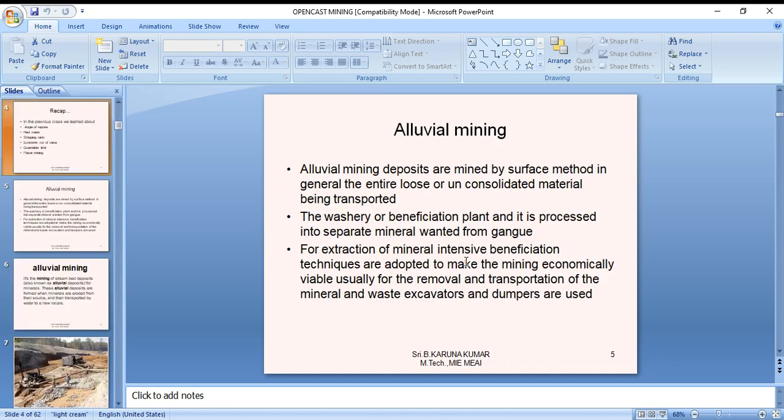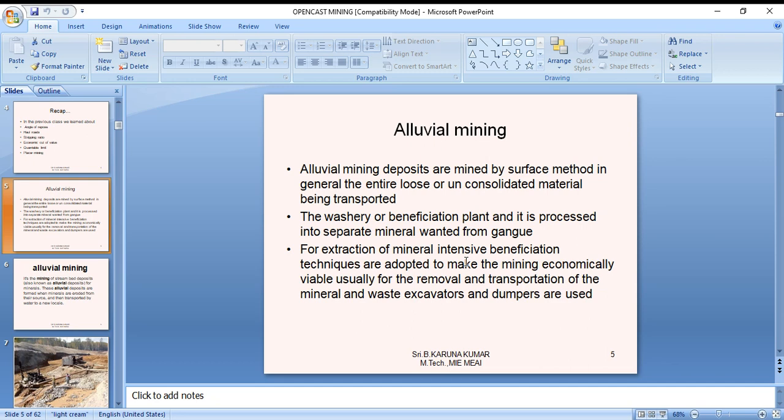Coming to the first definition, alluvial mining. The formation itself has a different character. These deposits are mined by surface methods. In general, they are unconsolidated material that has been transported.